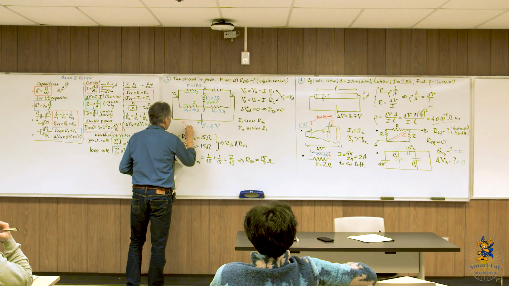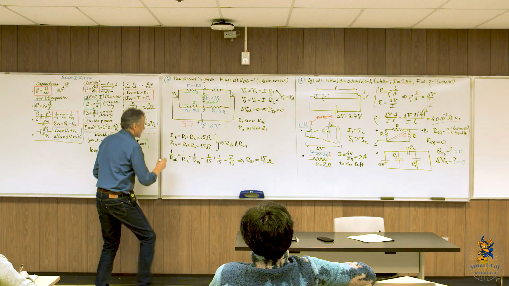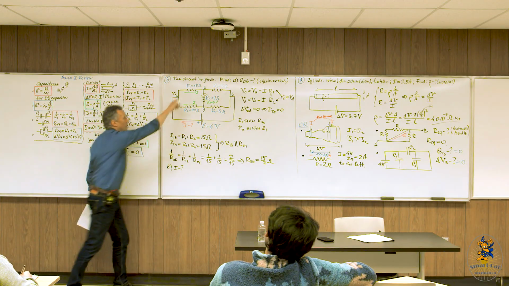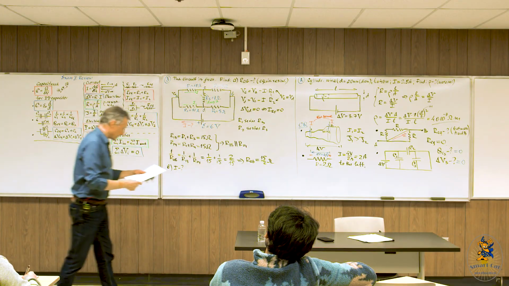So now, let's find the current. So that was part A, and now part B. Let's find the current. Not the current here, not the current there, just the total current taken from the battery, to simplify things.